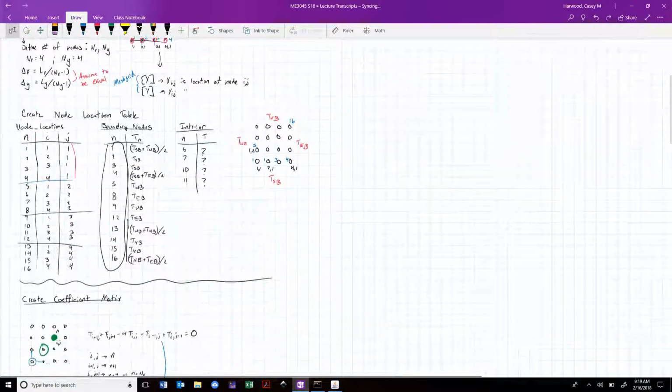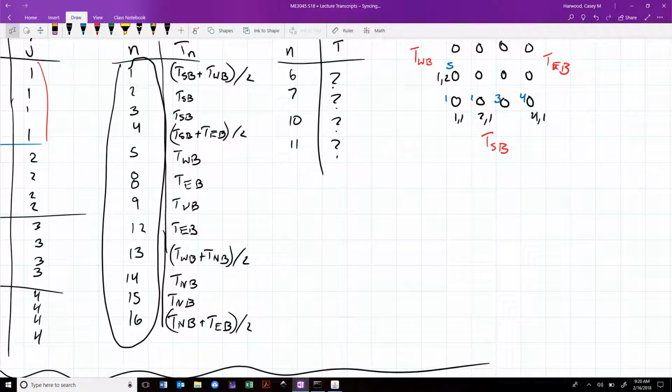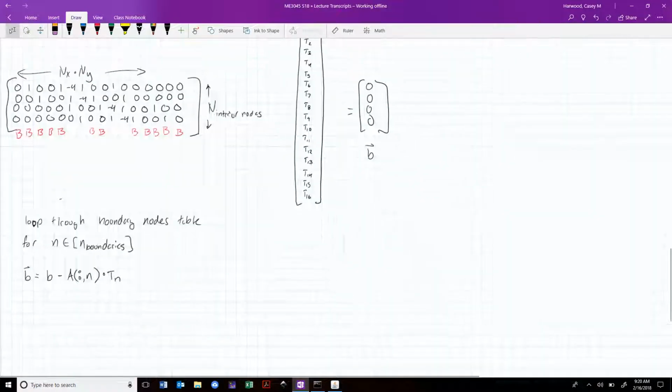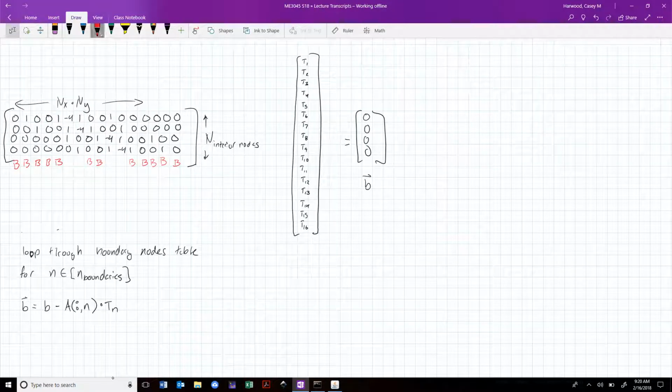So what you're going to do is look up here at this table, and use a for loop in MATLAB, and step through row by row. And you're going to say, here's my value of n. Make a copy of that corresponding column of A. So in this case, it's all these zeros. And you're going to multiply that by, we know T1.